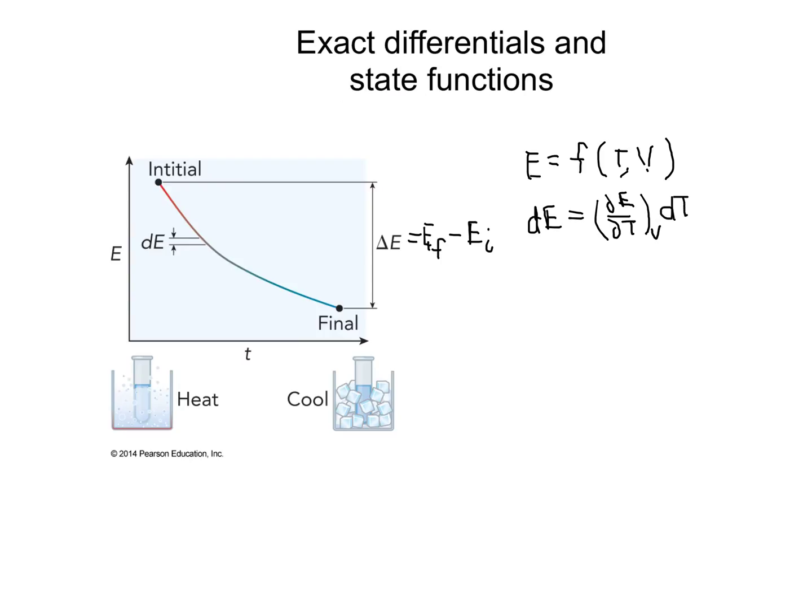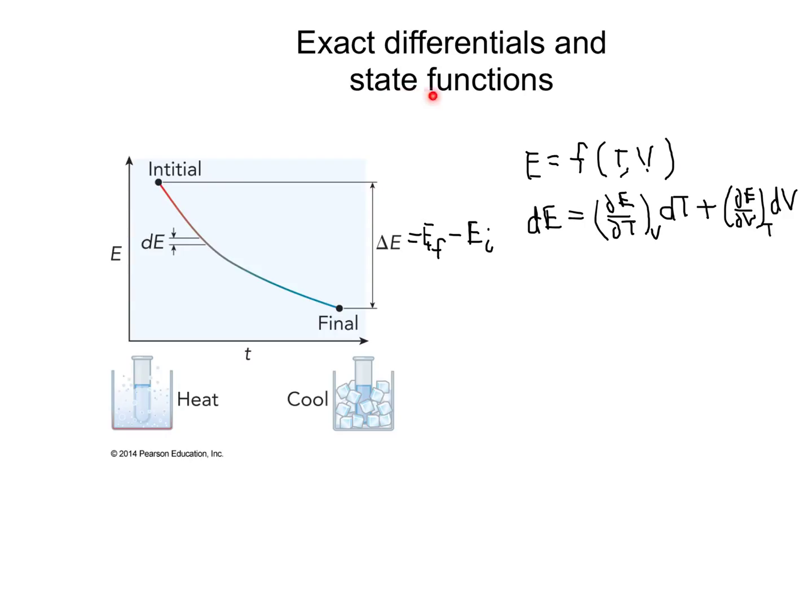But that only tells me how the energy changes as a function of temperature. It doesn't tell me how it's changing as a function of volume. So I need to add the effect of changing the volume at constant temperature times how much the volume has changed.